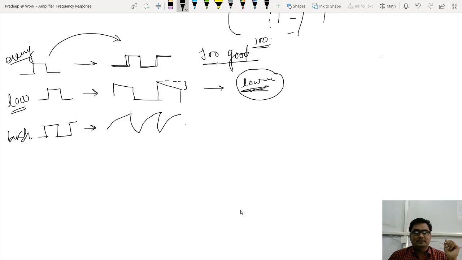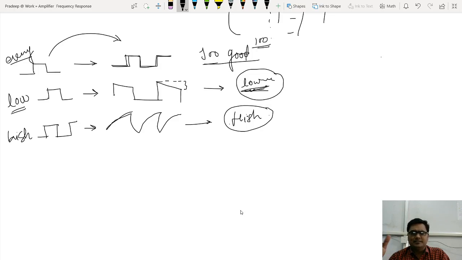If you are getting this waveform, you have to conclude that at higher frequencies the gain is not sufficient, or maybe there is a problem with the frequency response at higher frequencies. Why I am getting that kind of shape and what conclusions I can draw from it, we will discuss afterwards. But here I can test the amplifier immediately.